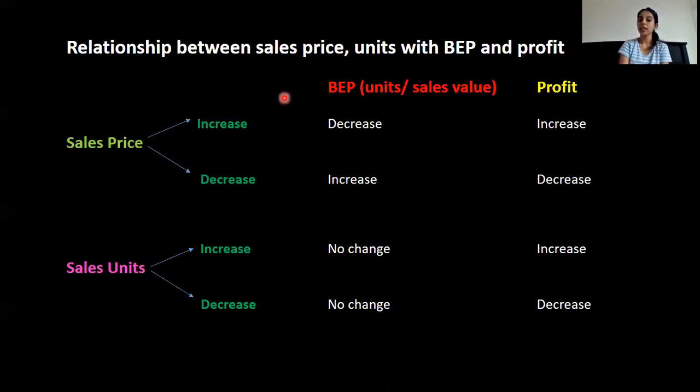On the other hand, if we decrease the selling price component in the denominator, our answer will increase. So there is a negative relationship between sales price and the break-even point in units. And there is no relationship between sales units and the break-even point in units and sales value.